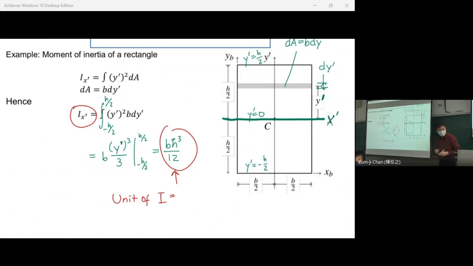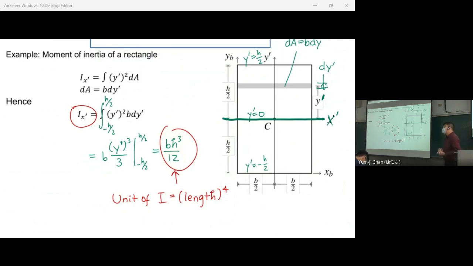Because b is the length of this one, and h is the length of this one, bh cubed over 12 has the unit of length to the power 4. Okay?